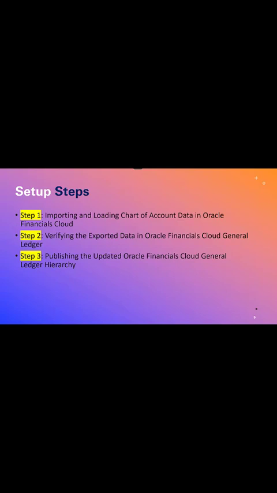If you're using the rapid implementation spreadsheet, it will create two hierarchies for you. It will do all of what we have just talked about. It will create hierarchies, run the flattening and the auditing, set the status to active, and publish those hierarchies for you. So if you're using rapid implementation to upload your chart of accounts, for example account segment values, the system will automatically create two hierarchies.